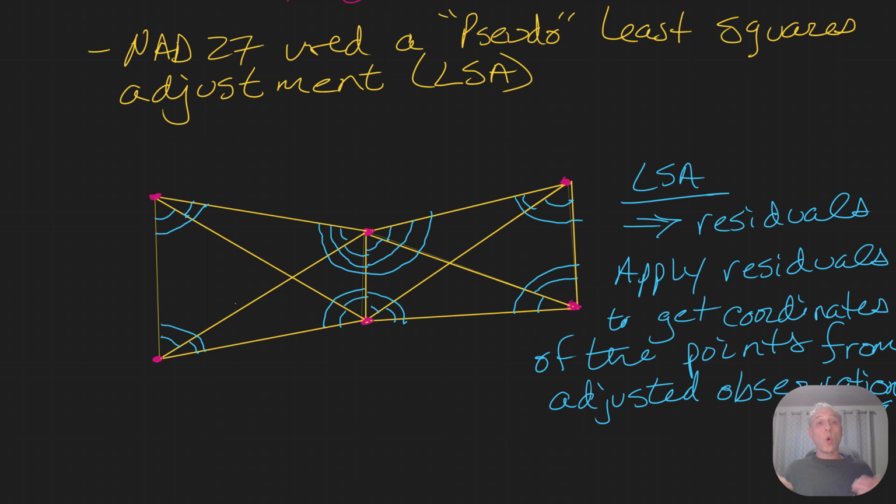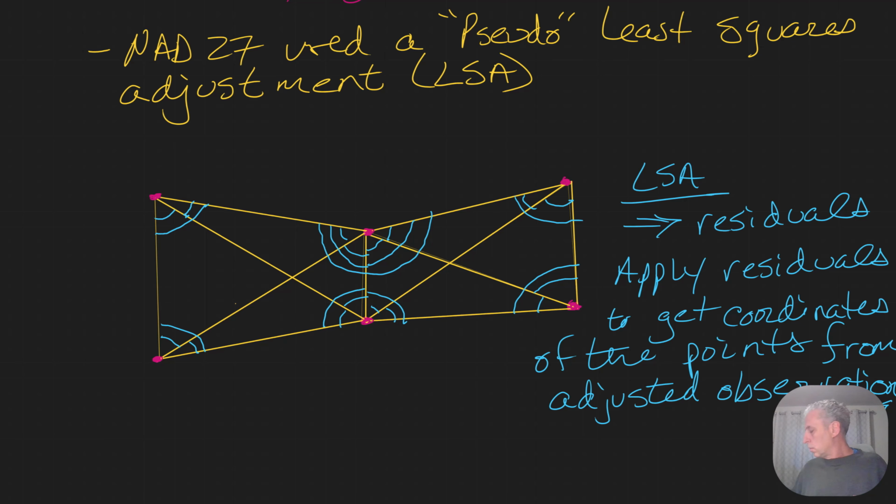And since we're getting coordinates from the observations, we're actually adjusting our network and getting publishable control that other people can use to access the same network and perform their own surveys.